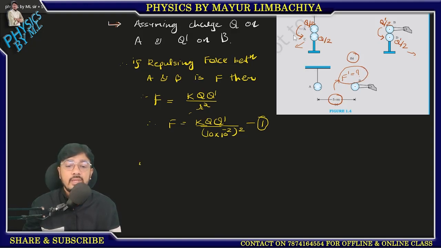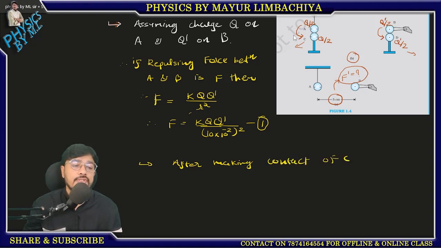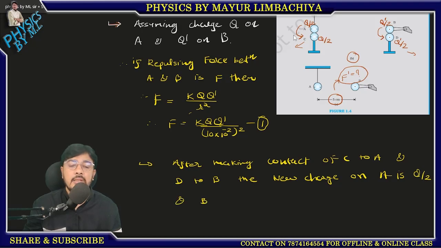So can I write like this? After making contact of C to A and D to B sphere, the new charge on A is Q by 2 and on B is Q dash by 2.